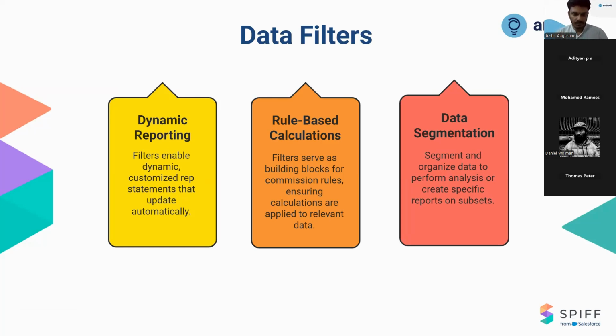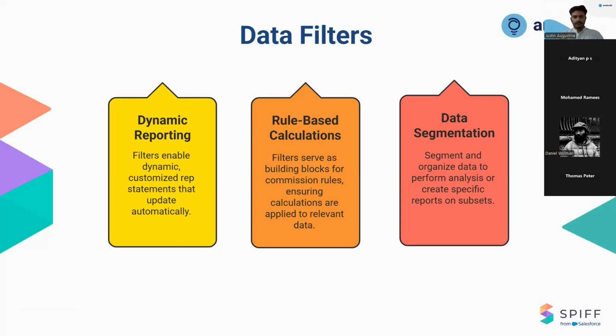So data filters are the criteria that extract and display specific records from connected data sources like Salesforce and other third-party applications. They are crucial for creating dynamic and customized commission plans by segmenting the database on various conditions, such as filtering opportunities by a rep or filtering opportunities that have been closed in a specific date range or period.